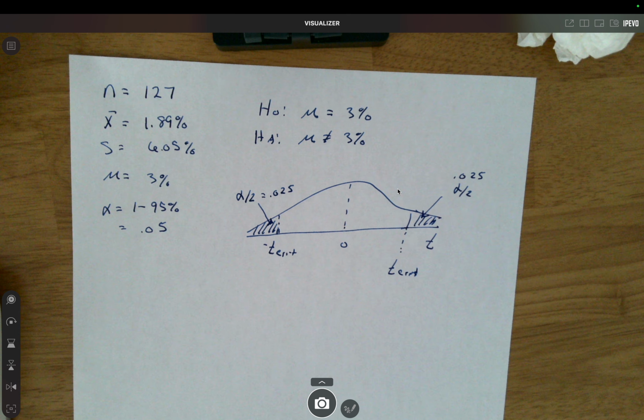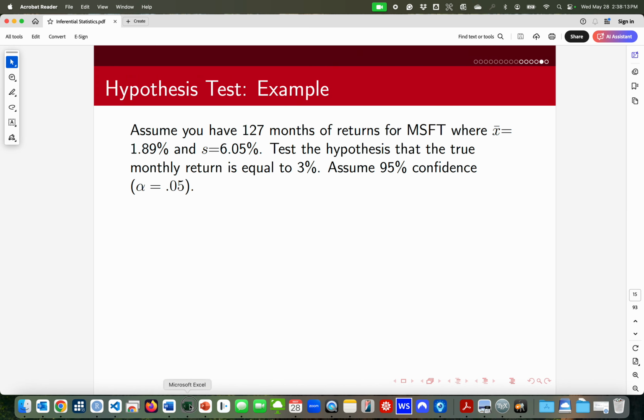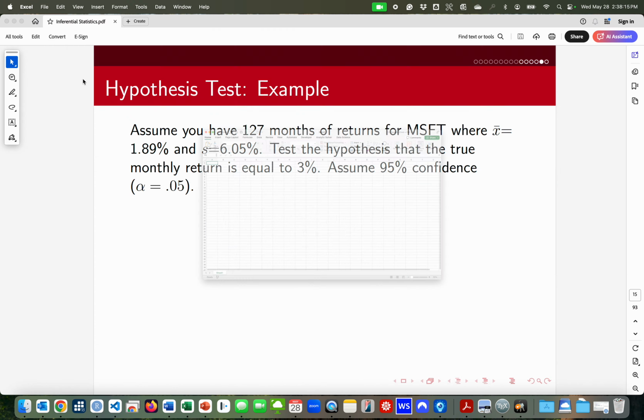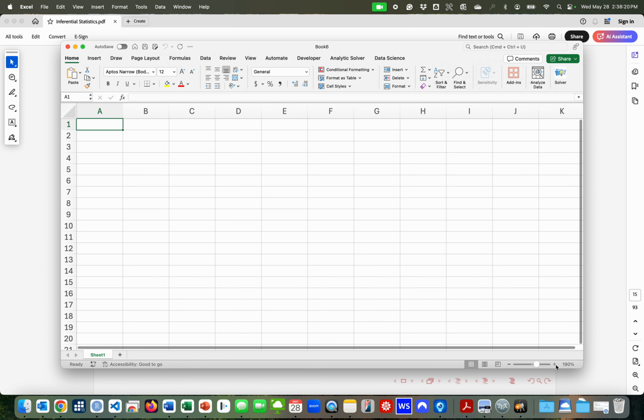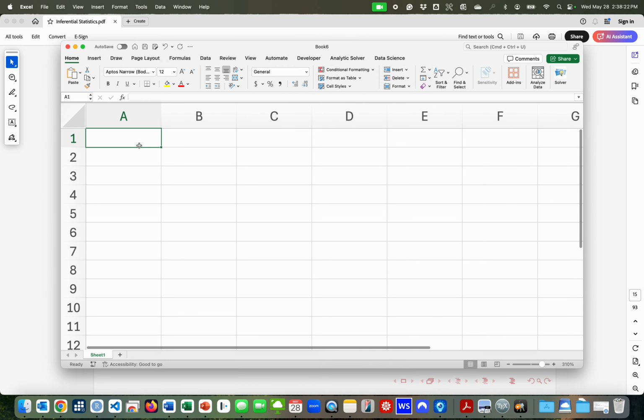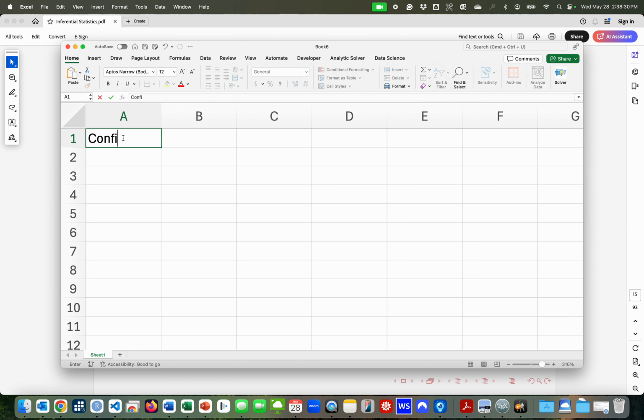So we have to do this using a function in Excel, which is a relatively straightforward function to use. I'm just going to pull up a generic sheet here and show you how we actually estimate these critical values. We're going to have our confidence level, 95%, and our alpha, which is 1 minus that.